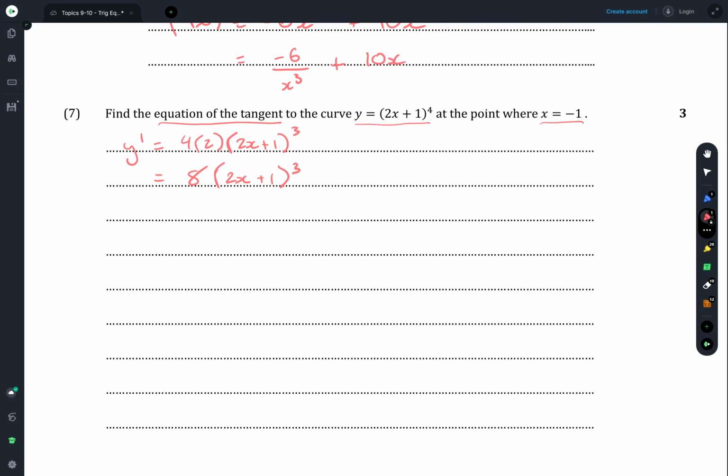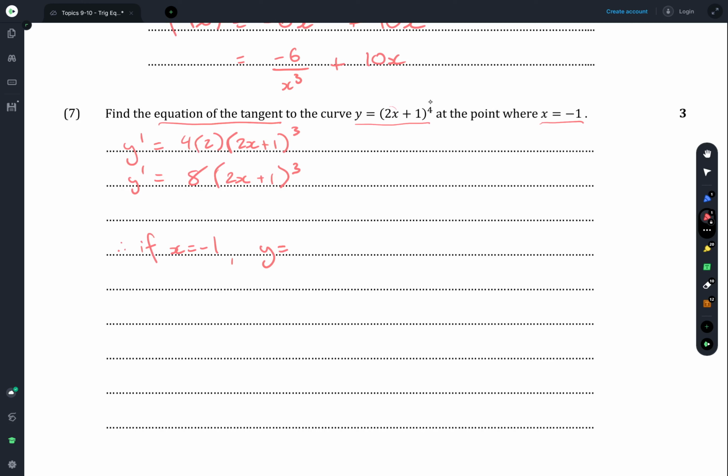So now that we have our derivative, that's going to help us find the gradient. So therefore, if x equals negative 1, we'll get y. First of all, we need to find the y value. So if we sub in x equals negative 1 into here, we have 2 times negative 1, which is negative 2. Negative 2 plus 1 is negative 1.